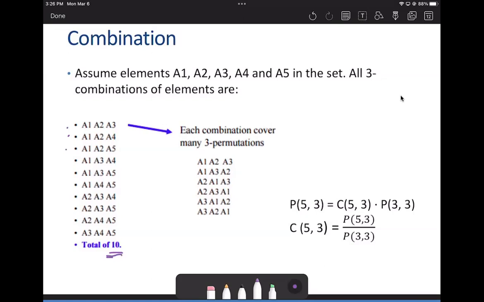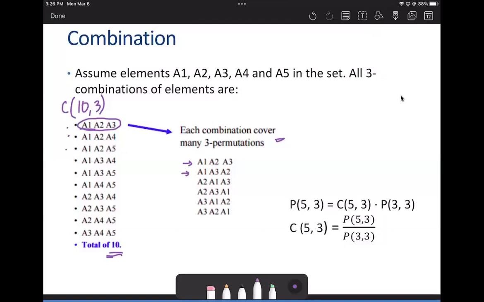So what we are looking for is the combination of 5 taken 3, which is 10. Each combination covers many 3-permutations. For example, this A1, A2, A3 can cover several 3-permutations: A1, A2, A3, or A1, A3, A2.